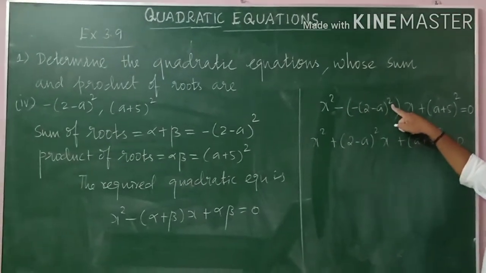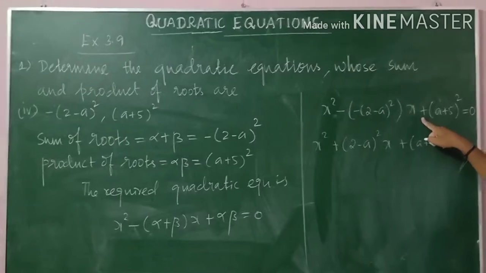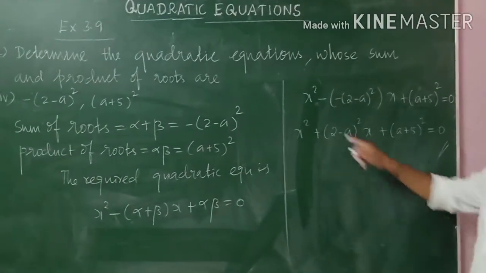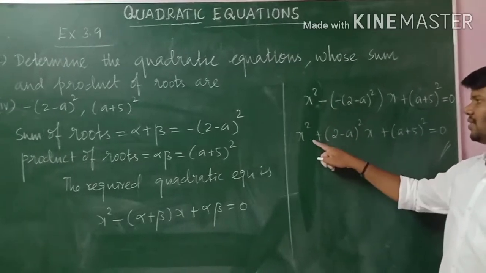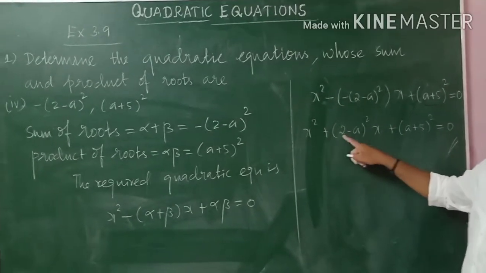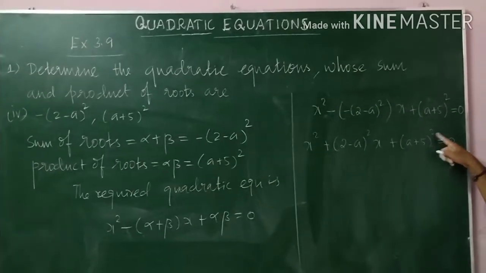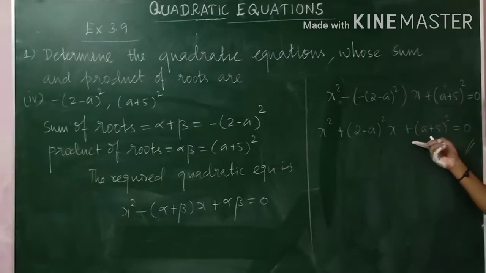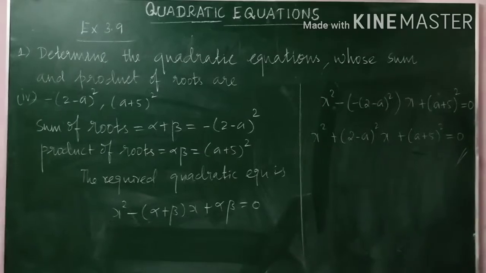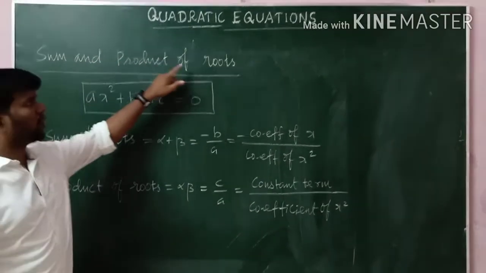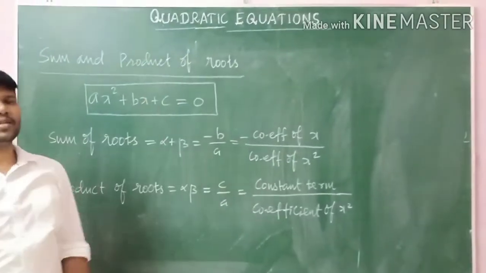Minus of (2 minus a) the whole square into x plus product of roots (a plus 5) the whole square equal to 0. So minus of minus plus, so x square plus (2 minus a) the whole square into x plus (a plus 5) the whole square equal to 0 is the required quadratic polynomial. Now we will see sum and product of roots of a quadratic equation.